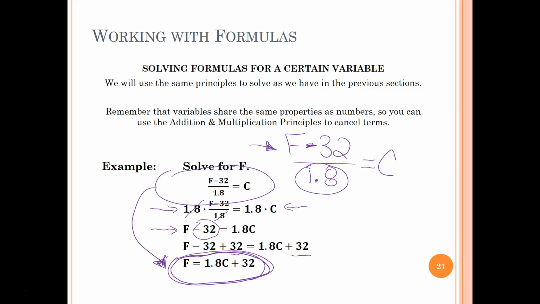If I told you that Celsius was, let's say, for instance, 37 degrees, then we could plug in 1.8 times 37 plus 32 and yield a Fahrenheit value of 98.6 degrees Fahrenheit. You have to be given something for that variable in order to do so. All right, let's move on, apply this to some other formulas just to see how this works.